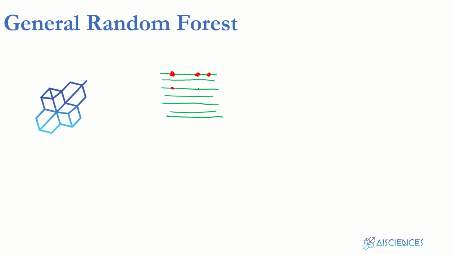Let's say I pick these 3 rows, or the 4 rows, and I pick the 3 features. Let's say there are several features and several data points, the size of the data set is large.